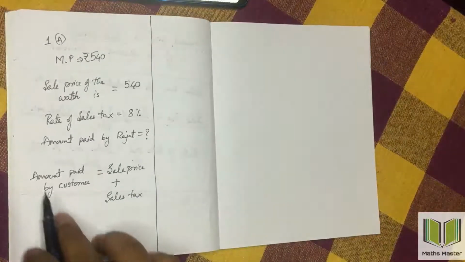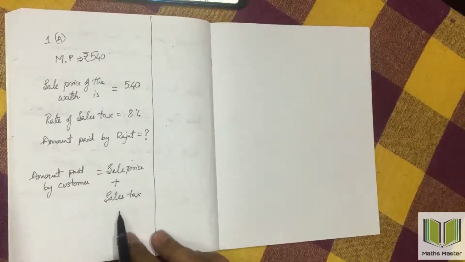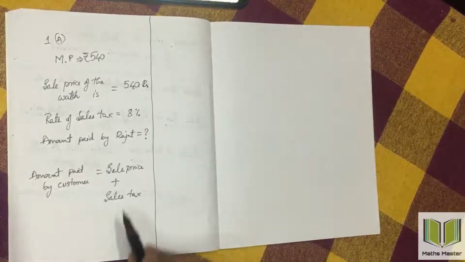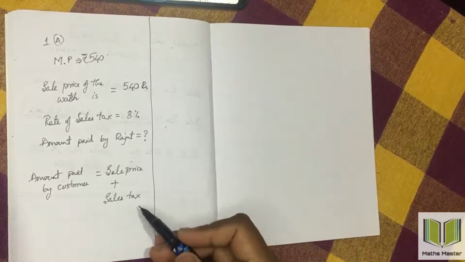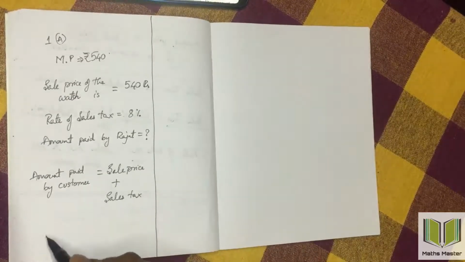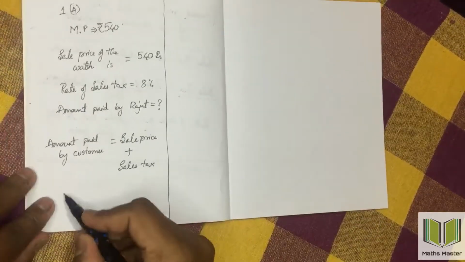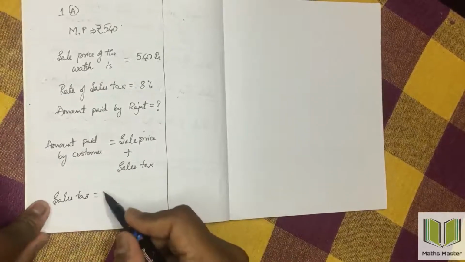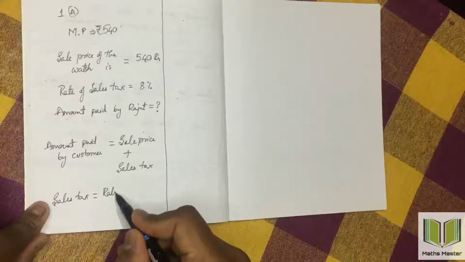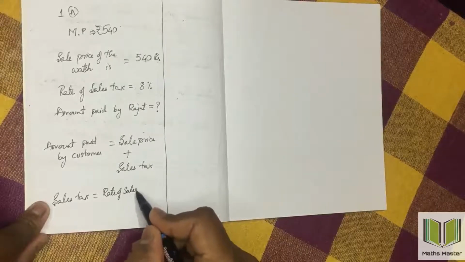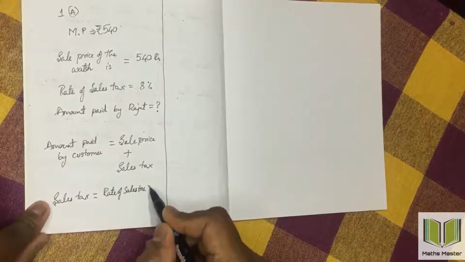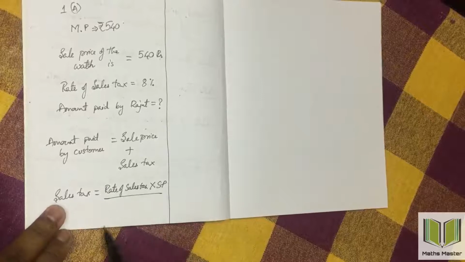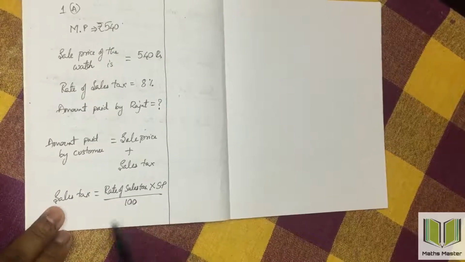Okay, now amount paid by the customer is equal to sale price plus sales tax. Now we know that sale price is 540 rupees, they have clearly mentioned it in the question, but we don't know what the sales tax is. We know the formula for sales tax: sales tax is equal to rate of sales tax multiplied with SP, I'm calling sale price as SP, divided by 100.